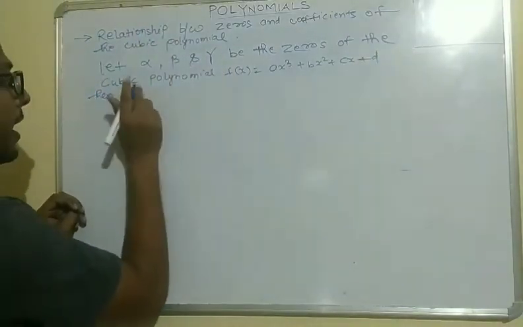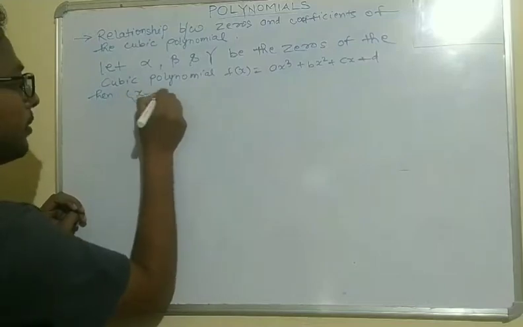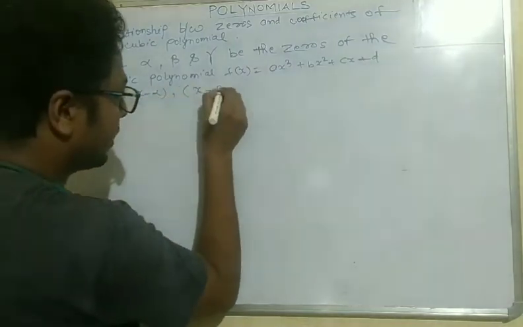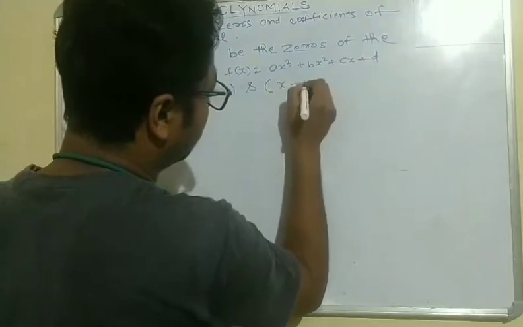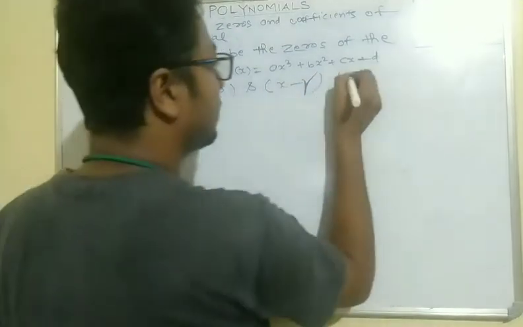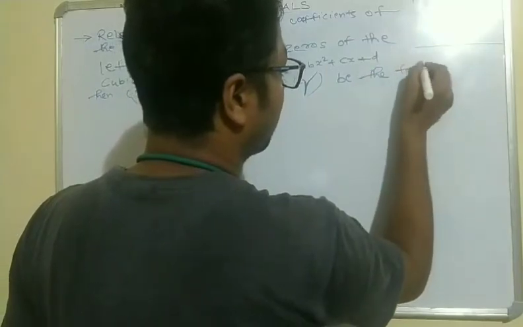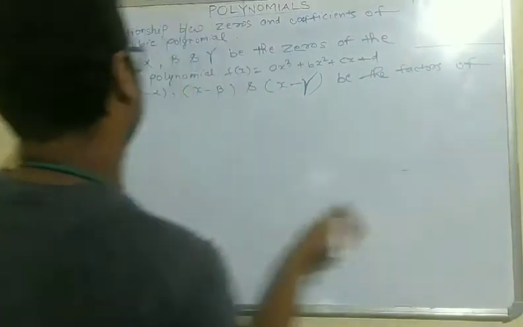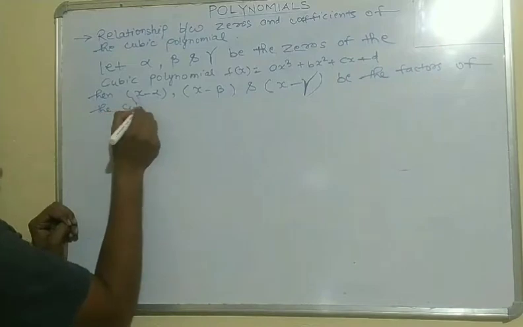Then x minus alpha, x minus beta and x minus gamma are the factors of the cubic polynomial.